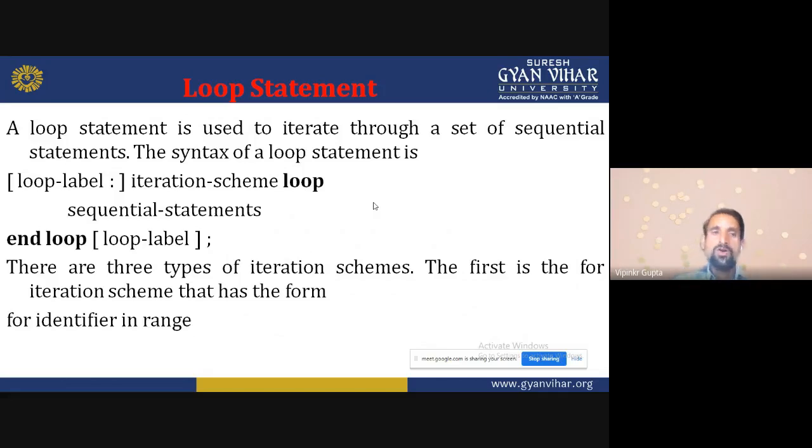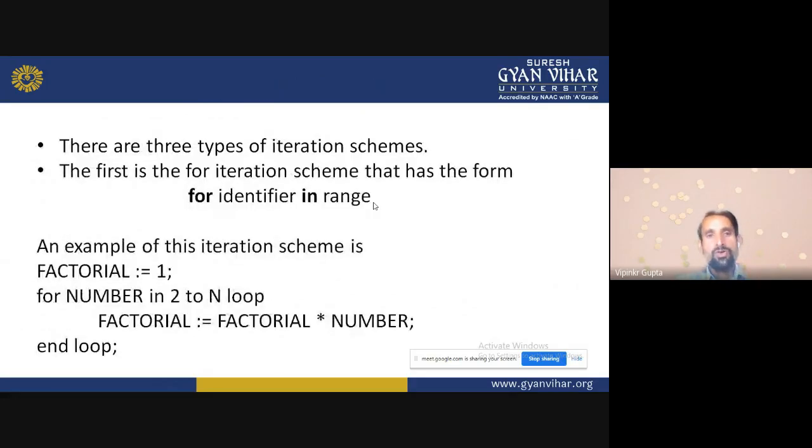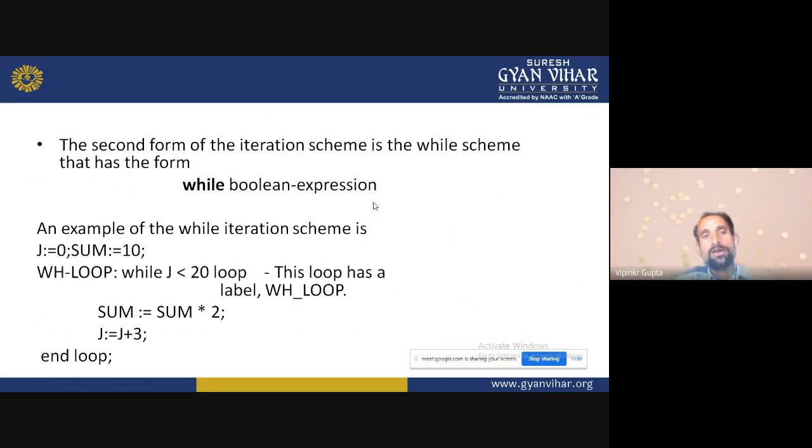The first is the for iteration scheme, which has the form: for identifier in range. For example, factorial is equal to 1; for number in 2 to n loop, factorial is equal to factorial multiplied by number; end loop. The second one we can define like that.